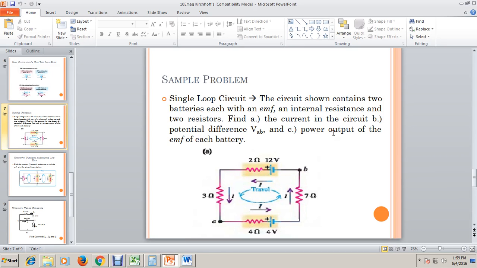But as for our answer for letter B, the value of V sub AB is equal to 9.5 volts, which is in absolute value, since we're only getting the magnitude of V sub AB.